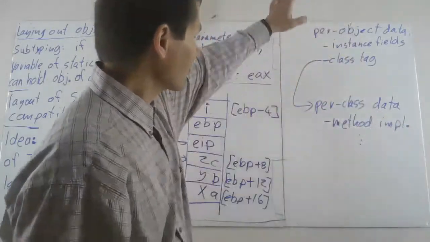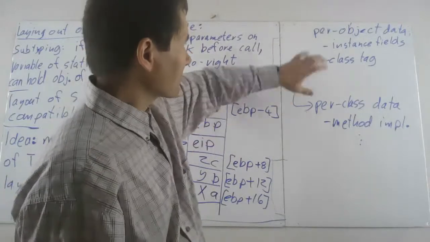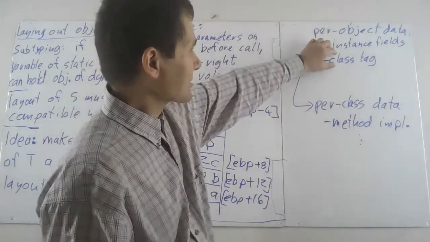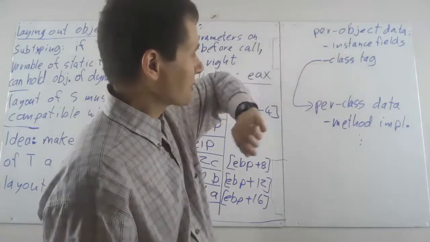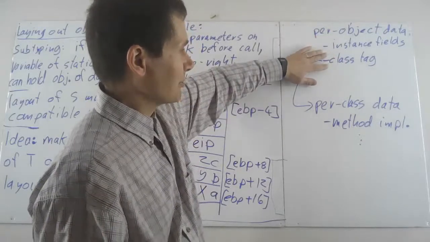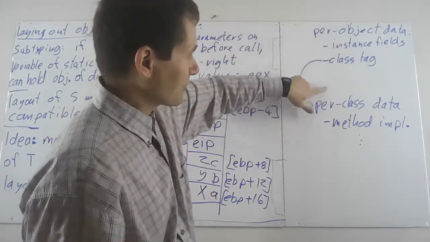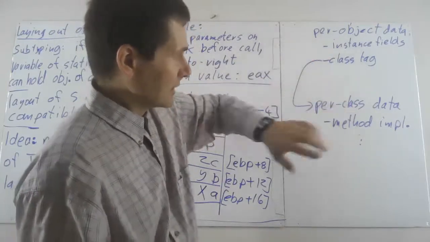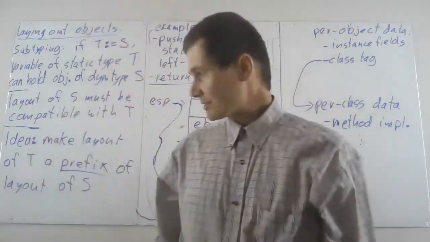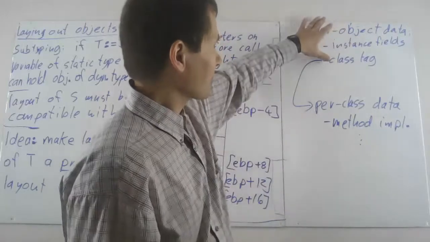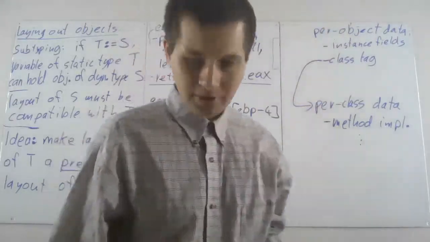Each object has some information about its runtime type, the dynamic type, which is a pointer to its per class data. This idea about the prefix goes for both the per object data and the per class data.